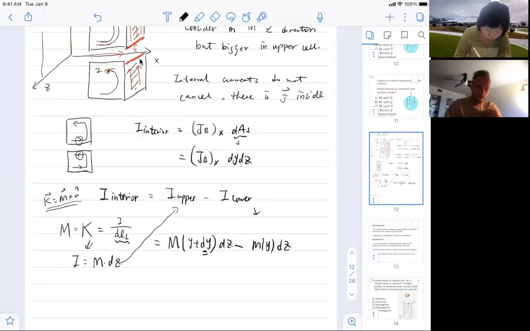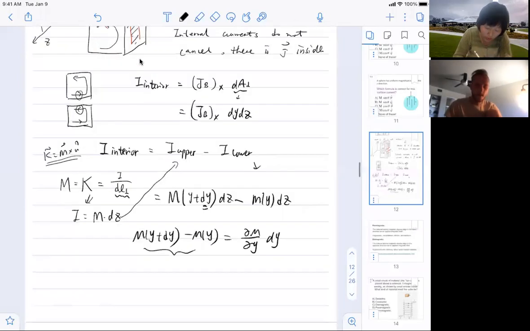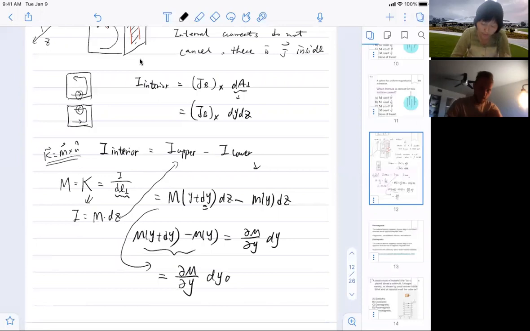And I also know from calculus that I can rewrite this in terms of dM/dy times dy. So I can rewrite this expression using the differential dM/dy times dy dz.